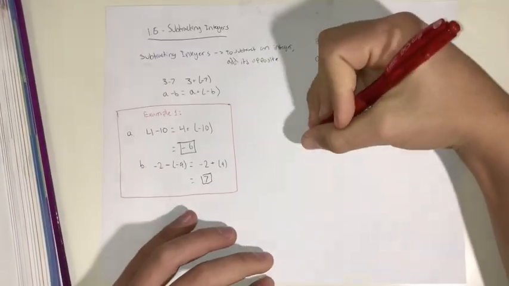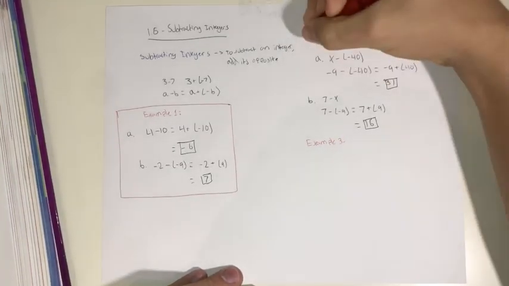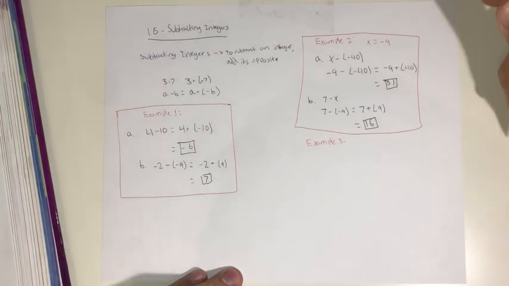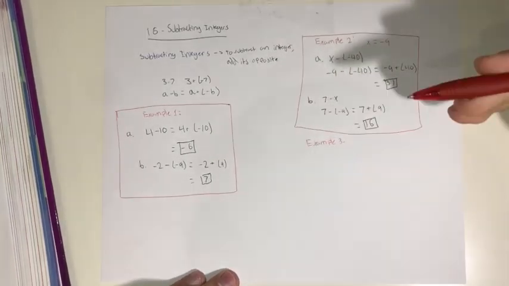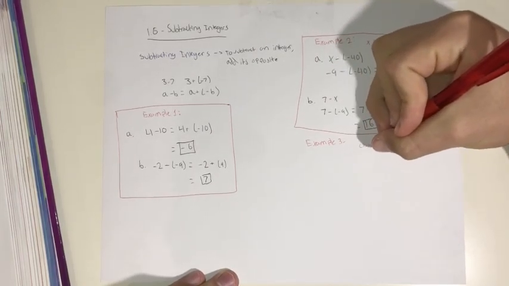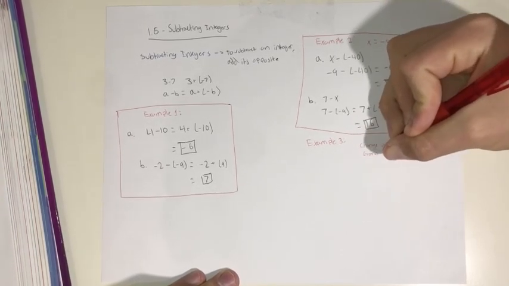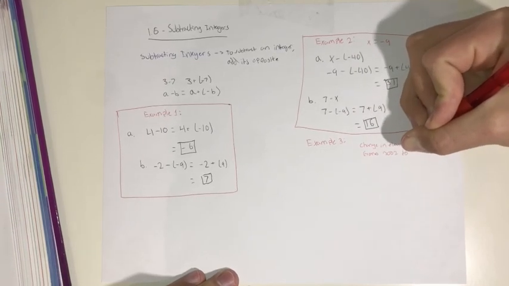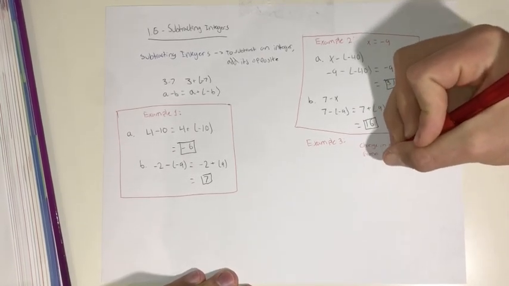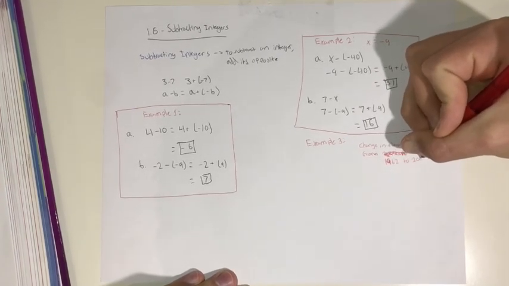Example 3 is more like a word problem. We're trying to find the change in elevation of a mountain from 1962 to 2002.